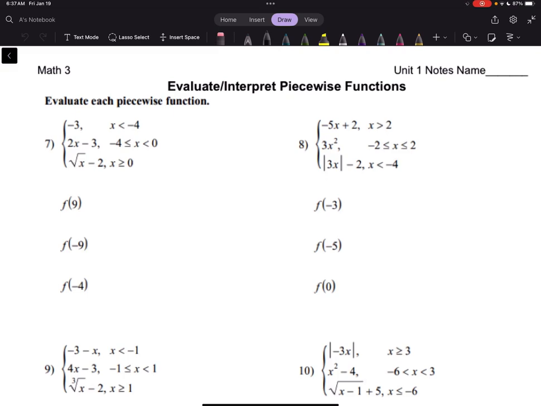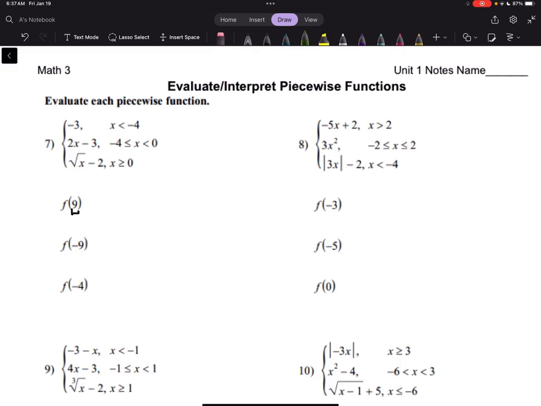To evaluate piecewise functions, you're going to take your function and look to where the x value would apply to what piece. If you graph this, you can of course find the evaluation by graphing. We're going to do it algebraically by plugging in 9 first to the constraints.